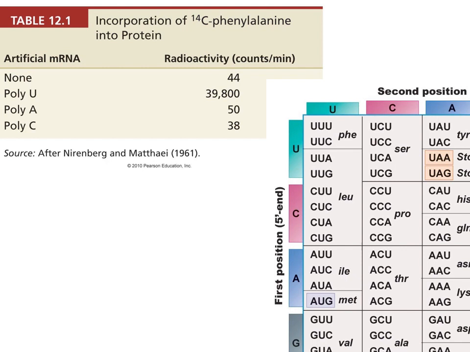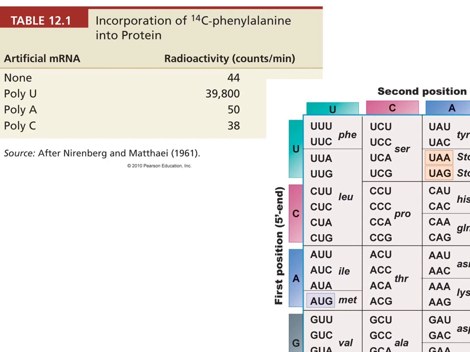They used an isotope of phenylalanine in a protein, and they created artificial messenger RNAs that had only U's in them, or only A's, or only C's. And then they saw, when that messenger RNA was translated, what did the resulting string of amino acids contain?